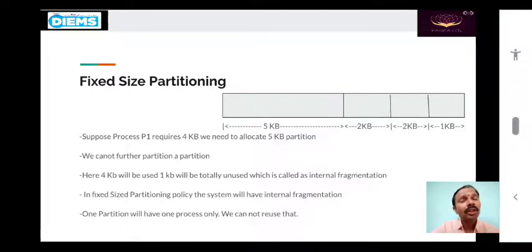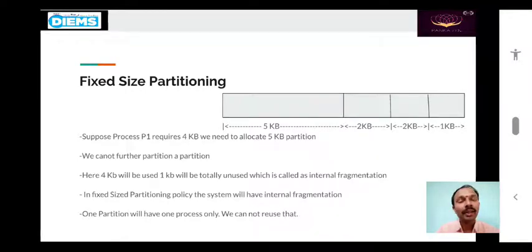Now here the partition sizes are fixed. It means that let us say there are 4 different partitions, but the partition sizes are different. So it is not the case that I will make partitions of 4 KB, 4 KB, 4 KB, 4 KB and so on.